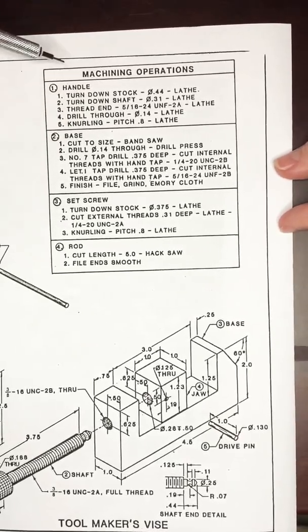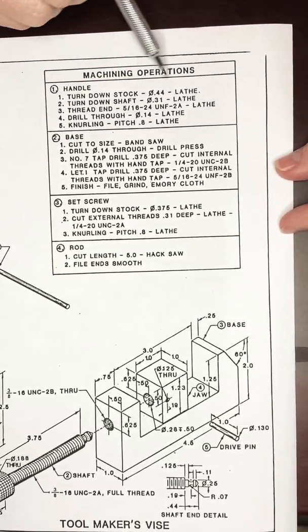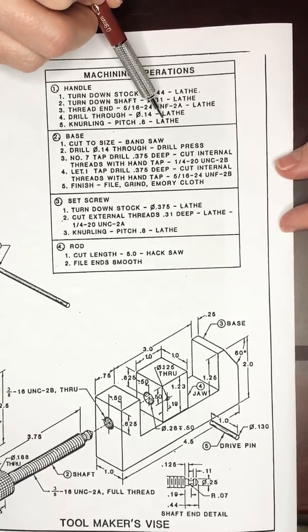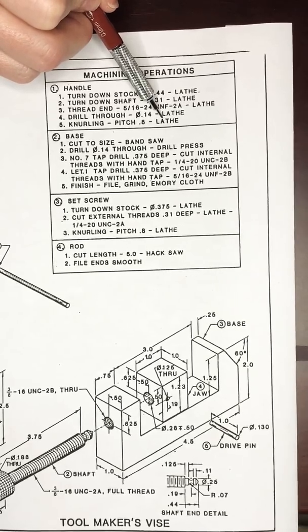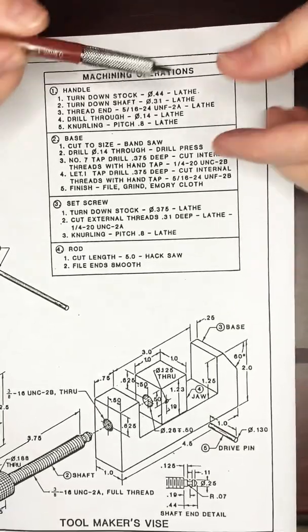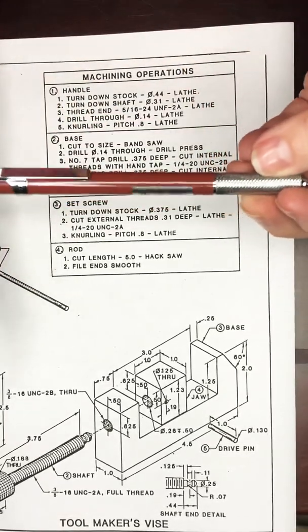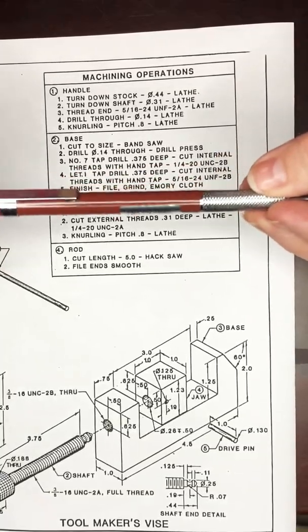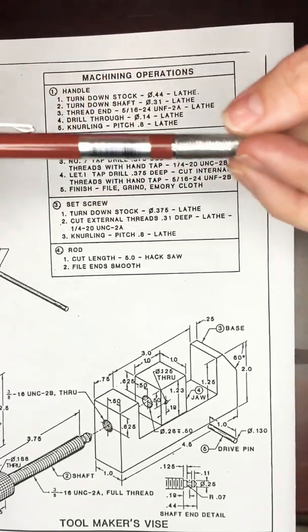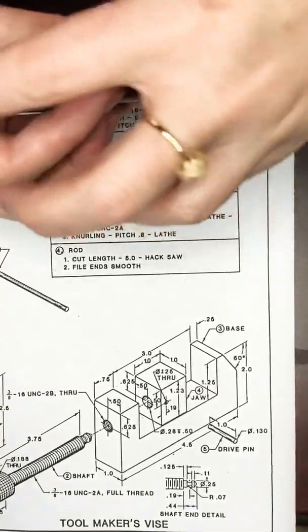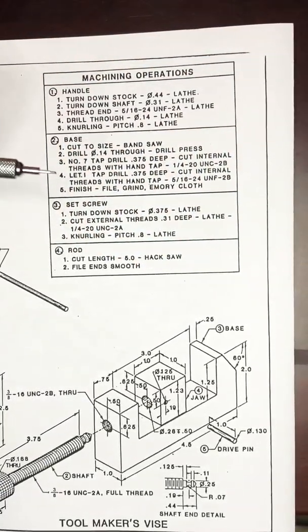It tells you important things like what the handle is made from. It's made with a lathe. So a lathe is a machine that will create these parts. Typically, if you've never seen a lathe before, you put the material in it and it spins really fast, and then you can cut pieces away. Think of a table leg. That's how they make the shape and the design on a table leg.